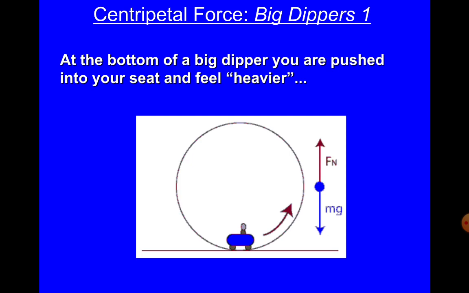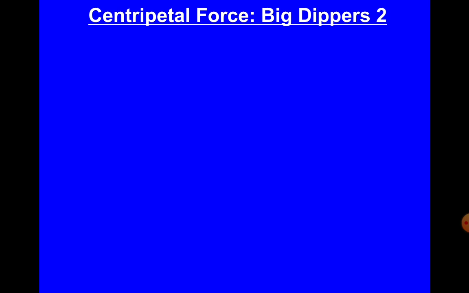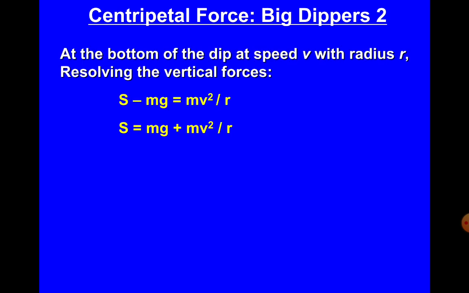At the bottom of the Big Dipper, you are pushed into your seat and you feel heavier. What is happening here is that you have the force of gravitation and you have the normal force. So when we are at the bottom and we resolve the vertical forces, we can write the support force minus mg equals mv squared divided by r.